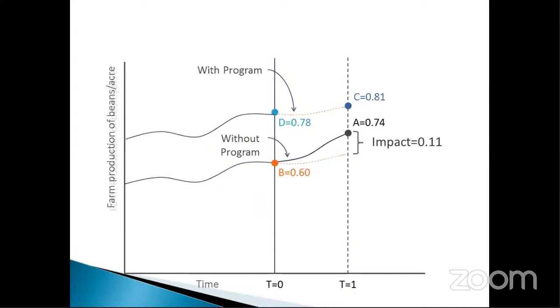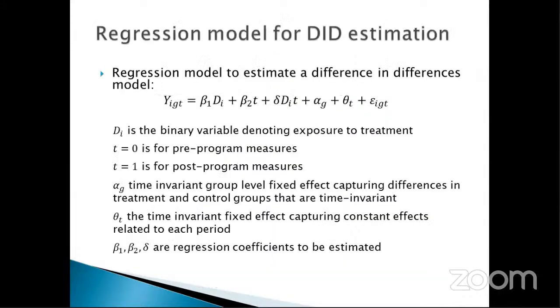Yeah. In a regression setting, it is as simple as this. You read in Stata or SPSS, you get the variable of interest, the outcome, it doesn't matter from control or intervention. You regress them on the treatment, and you regress them on time, and the product of time and treatment.